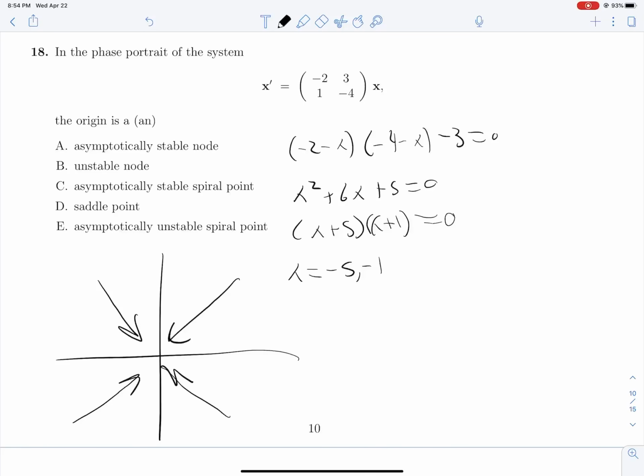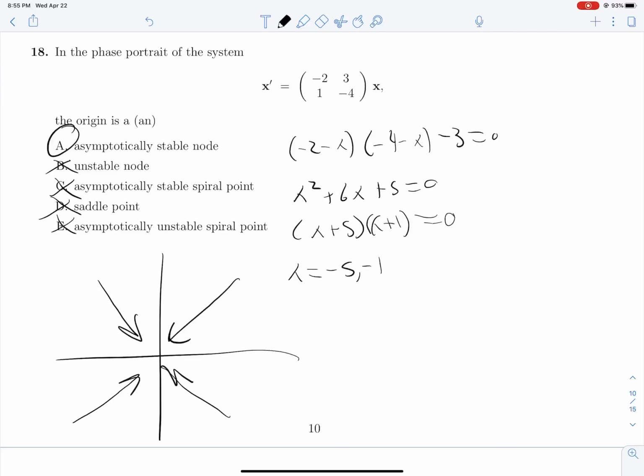So that makes our origin nothing to do with spirals. We don't have a plus eigenvalue and a minus eigenvalue, so it's not a saddle point, and it's not an unstable node. It's an asymptotically stable node. You can think of it as what I keep saying, like a depression in a trampoline, or if you pull down on the middle of the trampoline, things would flow in.